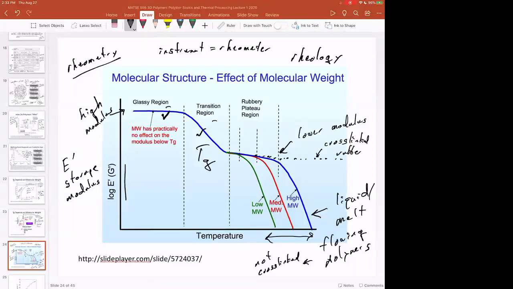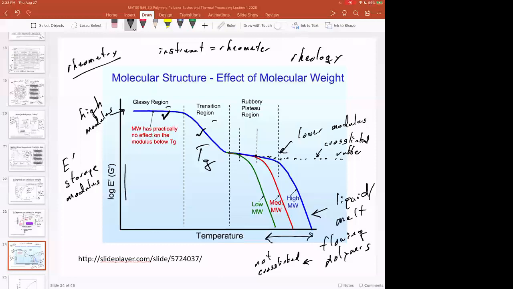And so in order to process a material, if we're going to process a thermoplastic, we can't process a glassy thermoplastic in a 3D printer because it has too high a modulus. We can't get anything to stick together. And we can't be too close to the Tg because the Tg is a range, and above the Tg, we just have rubbery materials. And it's really hard to get rubbery materials to stick together.